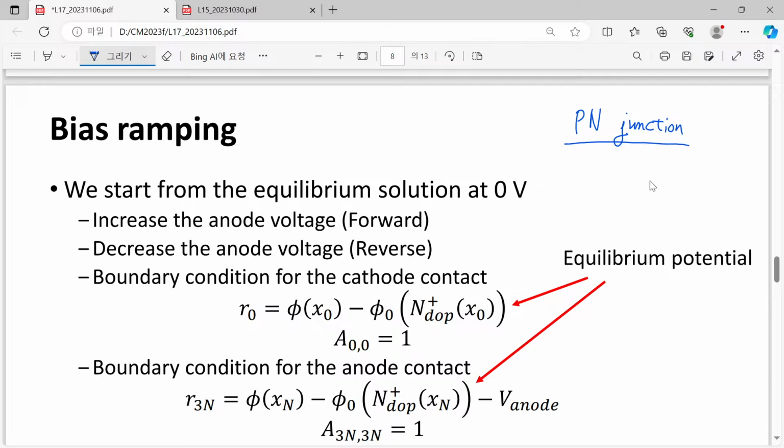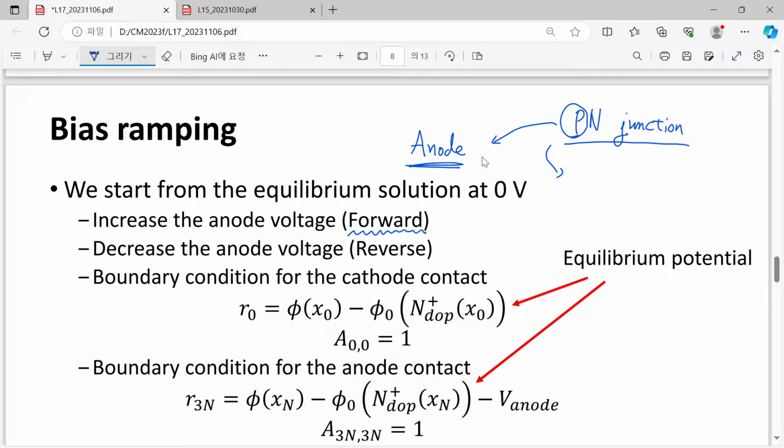What is this PN junction? Electrical property of this PN junction. So the P part is usually called the anode, and when we apply positive anode voltage, then we call it forward mode.